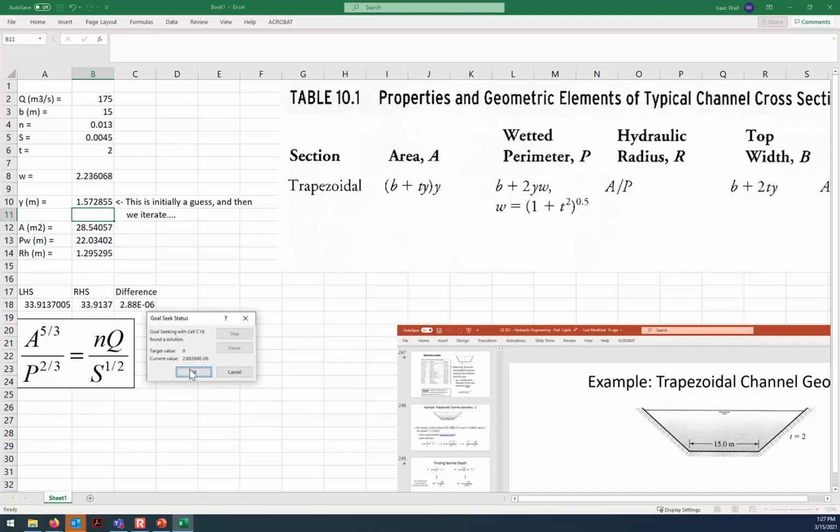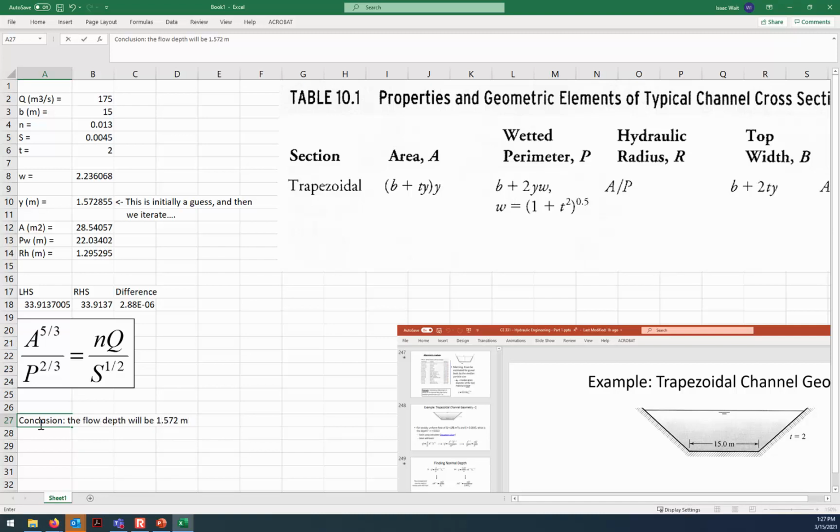OK. 1.572. So that is the depth. So our conclusion then, the flow depth will be 1.572 meters for the geometry and flow rate described.